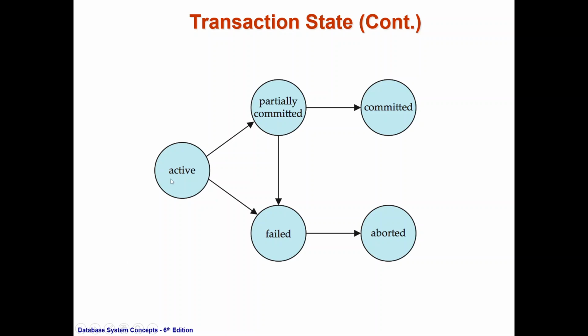So these are the 5 states. In the diagram, the states are represented by circles with active, partially committed, failed, committed, aborted written inside. Arrows go from active to partially committed, active to failed, partially committed to failed, partially committed to committed, and failed to aborted.